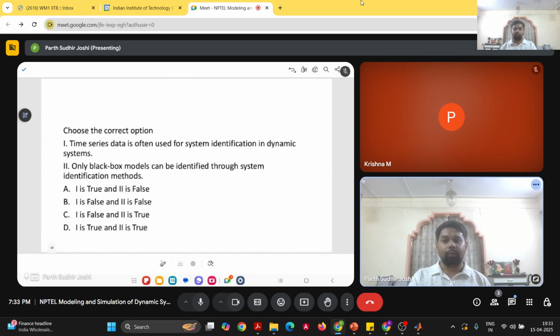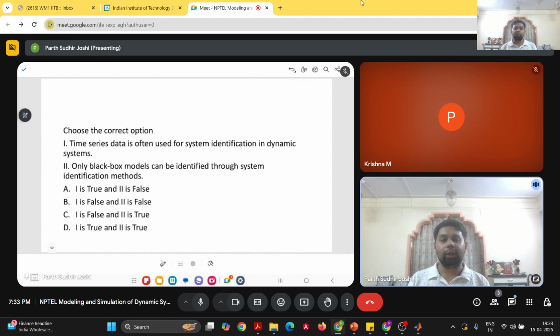The thing is that in case of white box models, from an engineering sense, or from engineering intuition and physical laws, we can guess what would be the structure of the model, and then we assume the parameters and use the input output data and system identification methods to fit a model on top of that.